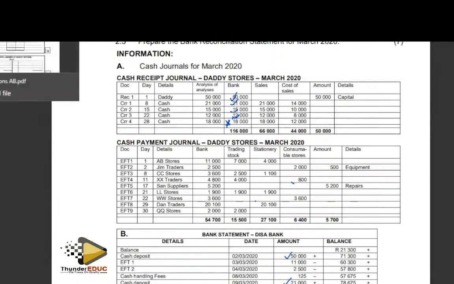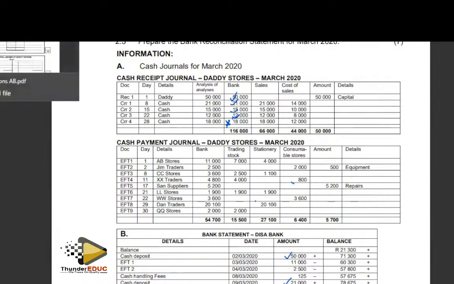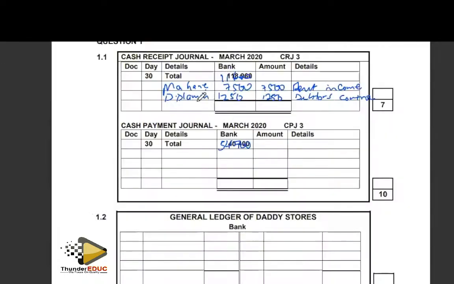So this 75 rand, we're going to record it here. And how do we call that? Interest income, right? Unfortunately, they never gave us enough drawings here, so we're going to add more lines for us here so that we can record everything. The table was not complete. It's fine.